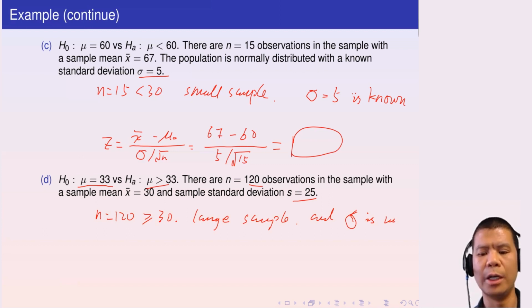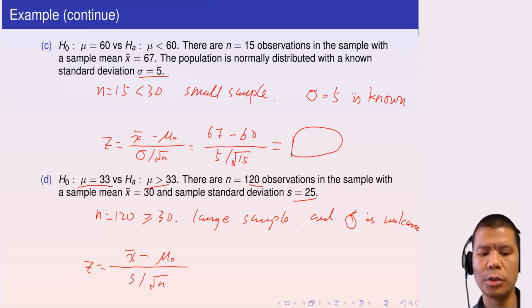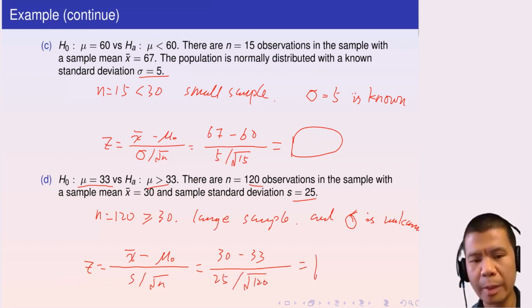We only know S, right? So we're going to use Z equals x bar minus mu 0 over S over square root of n. So it is 30 minus 33, S is 25 over square root of 120. And you can find this value.